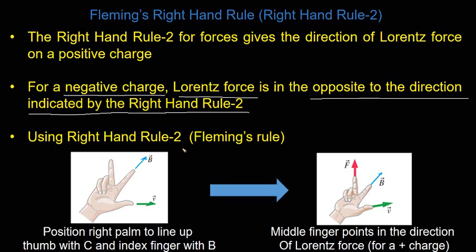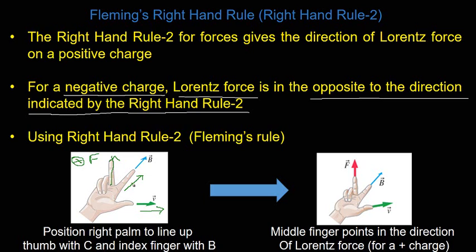So roughly in this rule, the right hand palm is stretched out in such a way that these 3 fingers are perpendicular to each other. The thumb, the index, and the middle finger are perpendicular to each other, and then they're stretched out in such a way that the thumb points in the direction of the velocity vector or the velocity of the positive charge, and the index finger points in the direction of the magnetic field present in the region, and the extended middle finger will point in the direction of the Lorentz force on a positive charge.